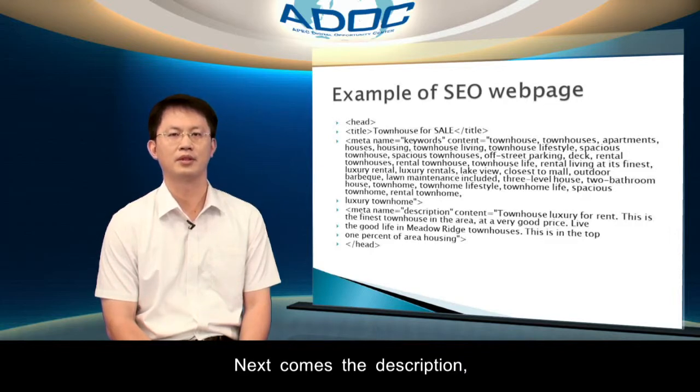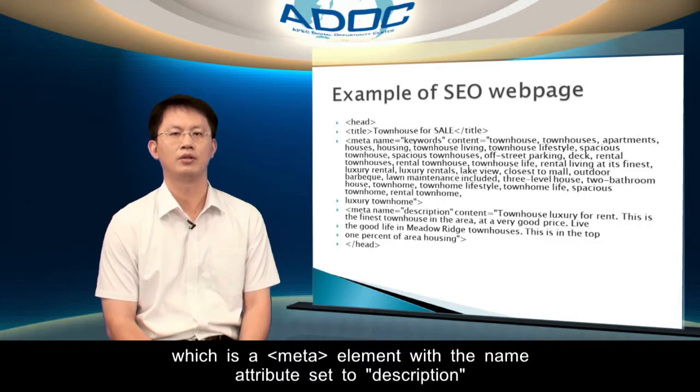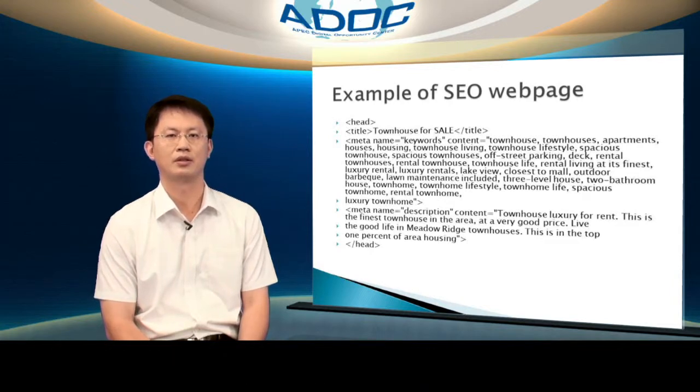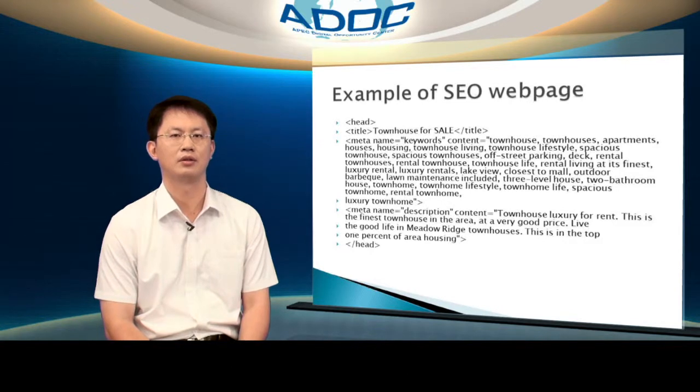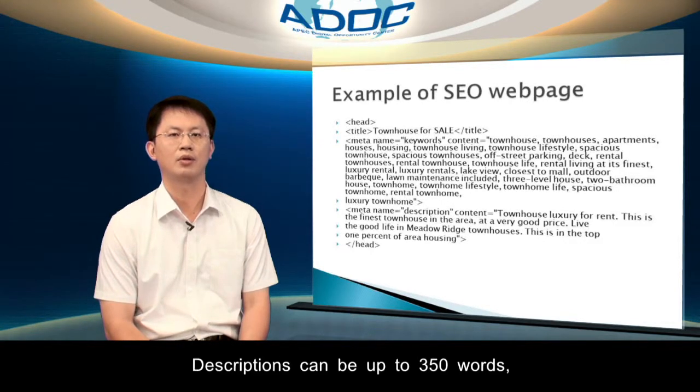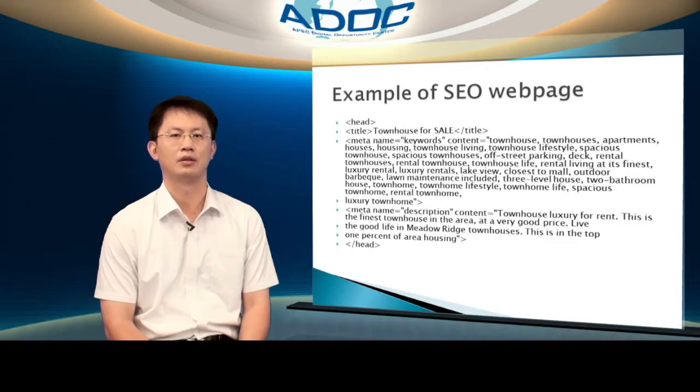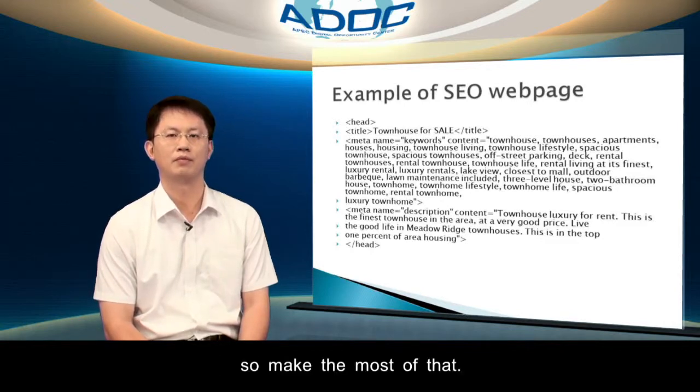And next comes the description, which is a meta element with the name attribute set to description, and the content attribute set to a human readable description of your page. Descriptions can be up to 350 words, so make the most of that.